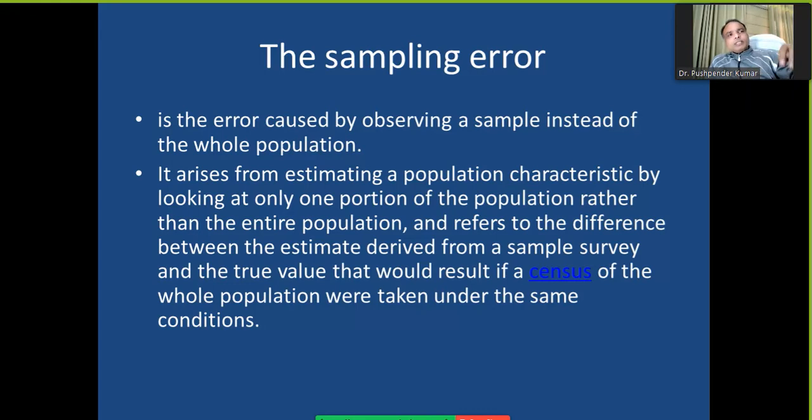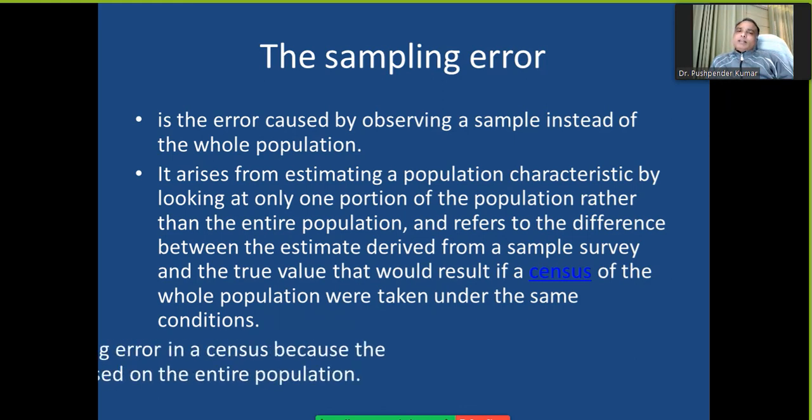As a researcher, you assume that whatever these 500 people are saying, the 5000 would also be saying the same thing. But that's not necessarily so, so this sampling error remains.